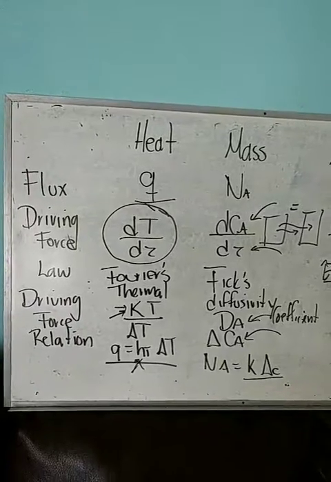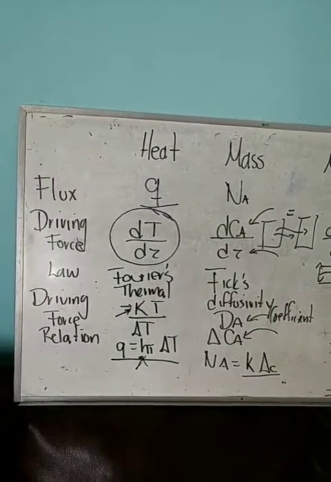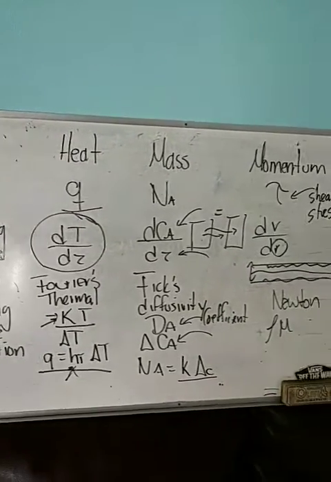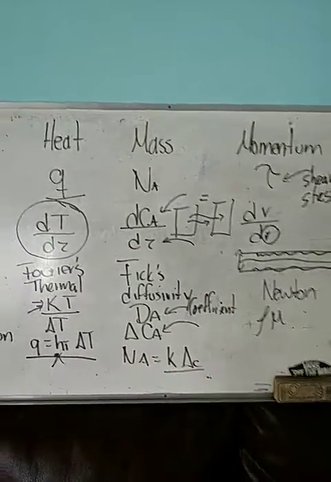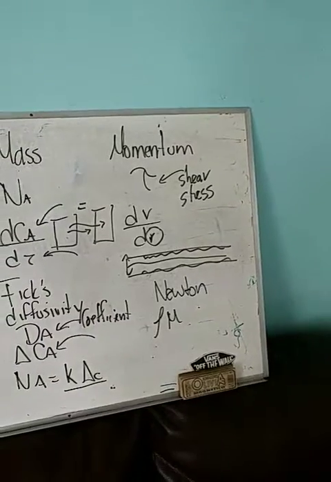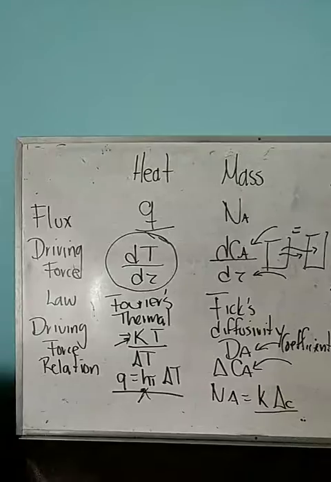I need, first of all, an instrument that helps me to control the temperature. If I go with the mass, I need to determine the concentration, and the last one, I need to determine the density and the viscosity. All of them have a specific thing that we're going to control.